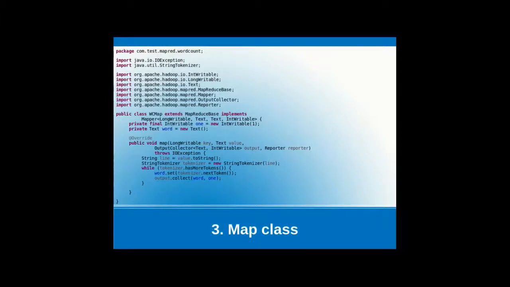Okay, how should the map class be? The map class should be a subclass of the MapReduceBase class and should implement the Mapper interface. The Mapper interface has the map method, and while implementing it, we should specify the input format and output format. If you see the first line of the class, public class WCMap extends MapReduceBase implements Mapper with LongWritable, Text, Text, IntWritable. The first two are the input for the map, and the next two are the output types of the map.